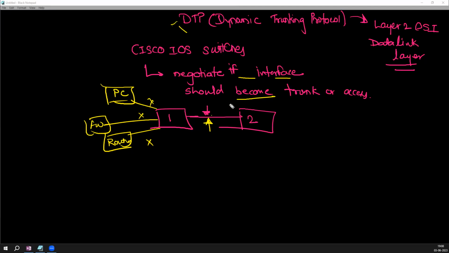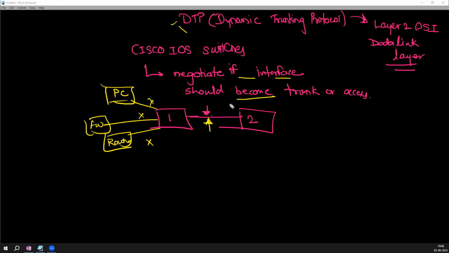This is an automatic feature which is enabled on connections between different switches. This will not be negotiated towards machines, firewalls, routers, or any other devices which are not switches. Is this clear now? And this one is only for Cisco switches? It is for Cisco switches only. Yeah. Okay.